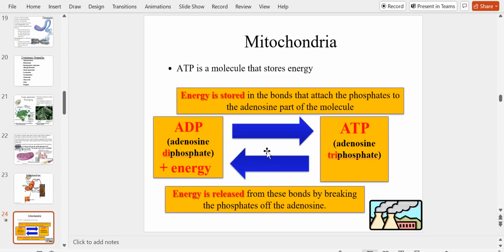ATP is a molecule that stores energy. Energy is stored in the bonds that attach the phosphate to the adenosine part of the molecule. That's how we extract energy from gasoline. Octane is just a hydrocarbon, hydrogen and carbons. When we burn it, we break the bonds between the carbon and the hydrogen, energy is released, and we capture that energy and make our car go.